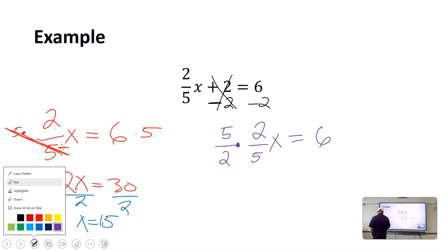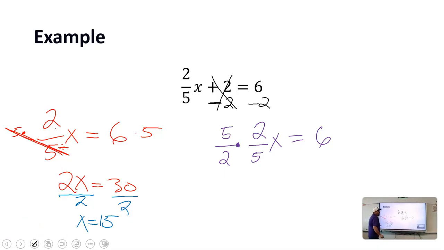Why would I do something like that? Well, what happens is I get a 5 on the top and a 5 on the bottom, and guess what? They cancel each other out. And we have a 2 on the top and a 2 on the bottom, and they cancel each other out. So what do I have left on the left side of my equation? Just an x. Okay, but whatever I do to one side, I have to do to the other side.